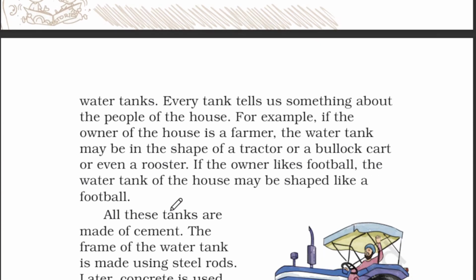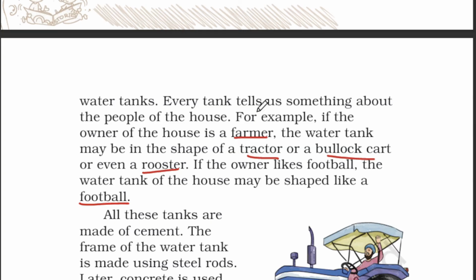If the owner of the house is a farmer, the water tank may be in the shape of a tractor or a bullock cart or even a rooster, because these things are very close to a farmer. If the owner likes football, the water tank may be shaped like a football.